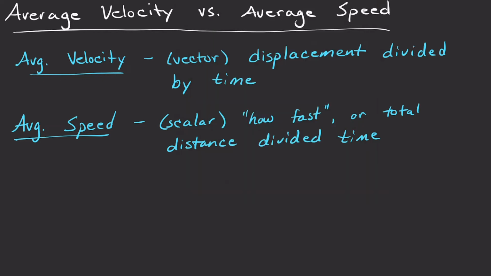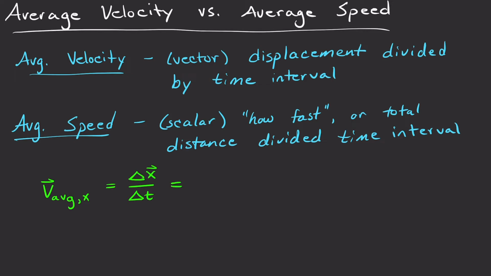So the way we write this as an equation would be, again, velocity is a vector quantity, so we put a vector hat, and I'm going to put a little x subscript to indicate it's in the x direction. So we take our displacement, delta x, divide it by our time interval, or elapsed time.